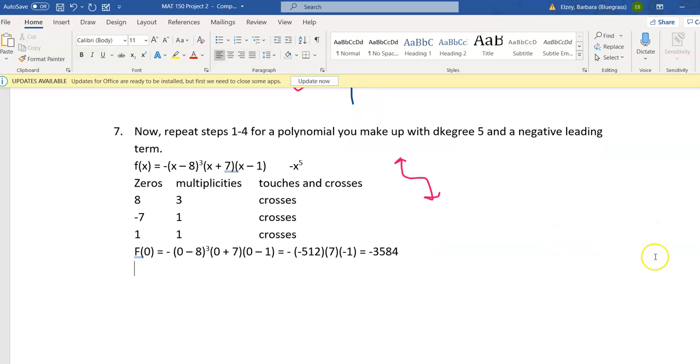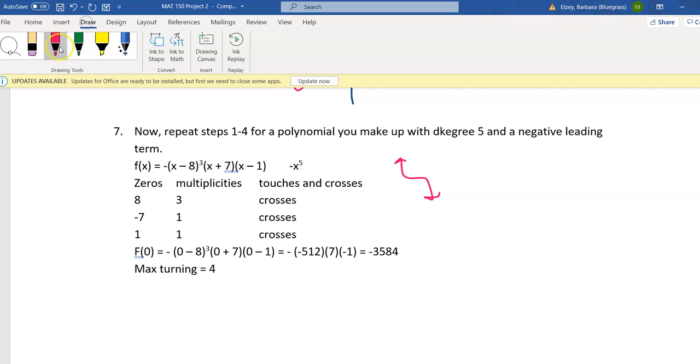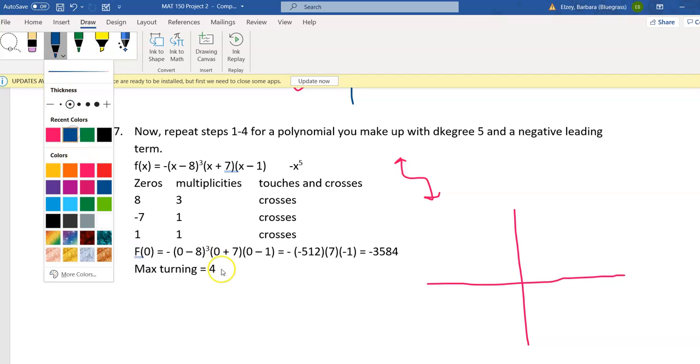And now the maximum number of turning points is 1 less than our degree, so it's 4. All right, so let's draw this thing. All right, so again, I'll use my draw feature. I'm gonna keep it that color. All right, and I'll change it in order to put my intercepts.